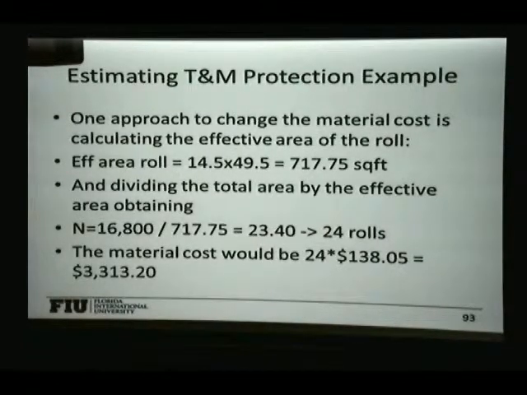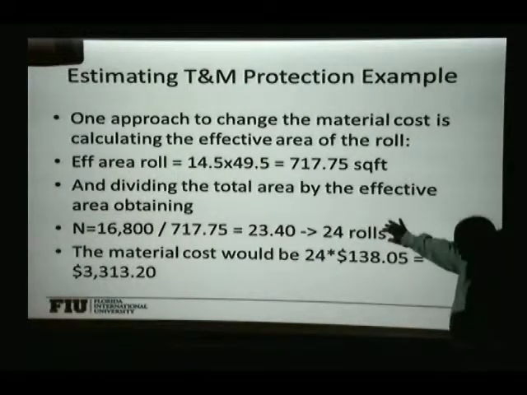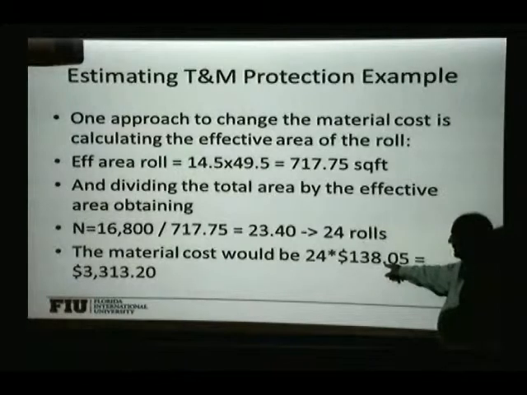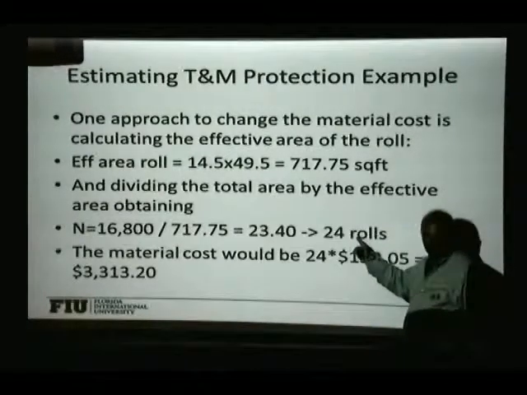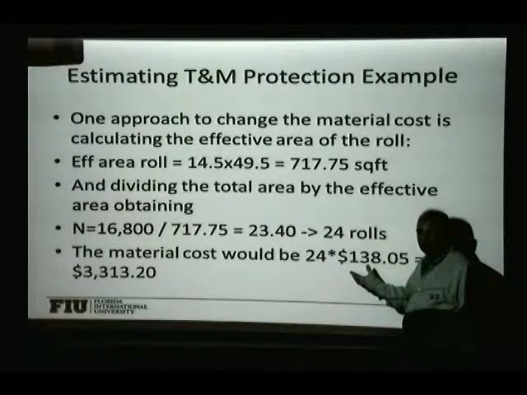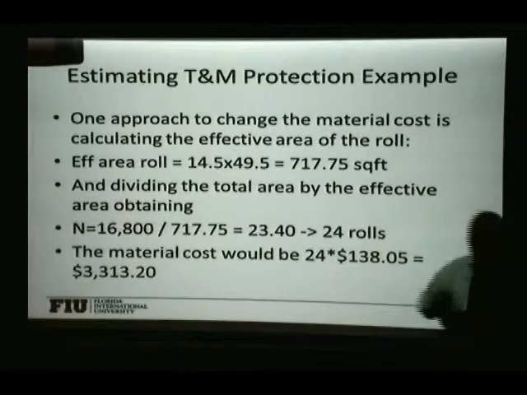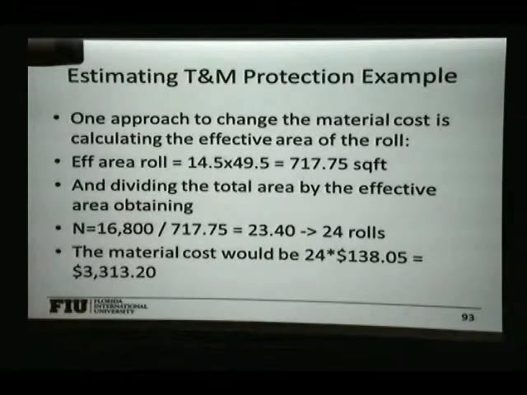And that way you can estimate how many rolls you need and multiply by the unit cost of those rolls. So then you get the price or the cost that you're spending in insulation.